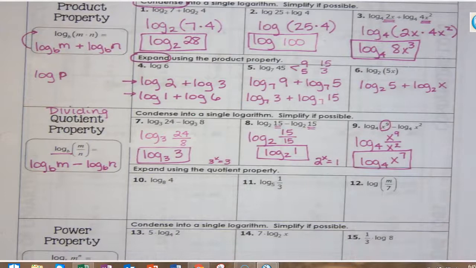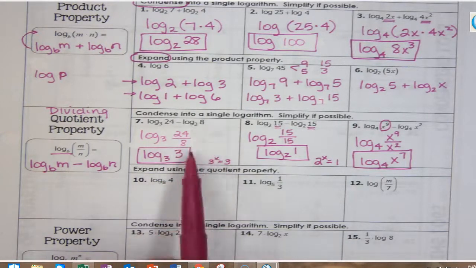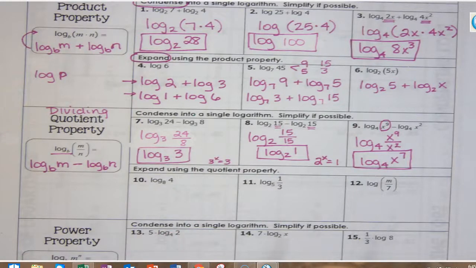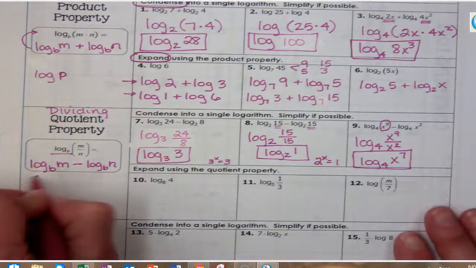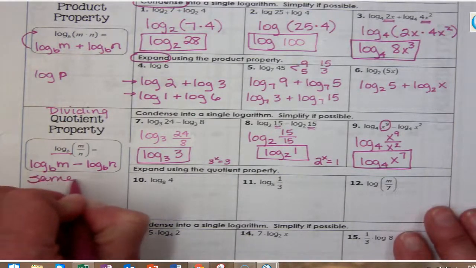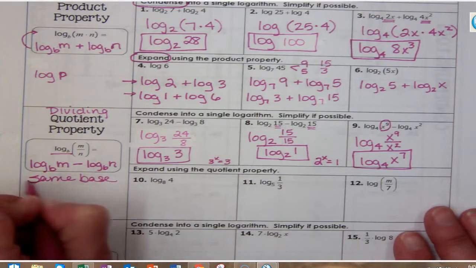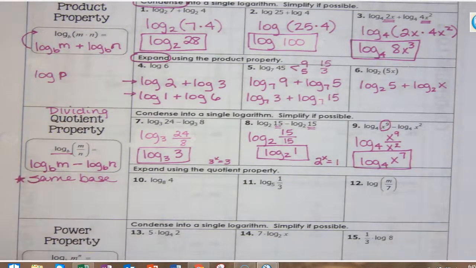Okay? You're just taking the answers and dividing the answers to condense it into one logarithm. And you can do that again, same base. Please make note, you've got the same base.